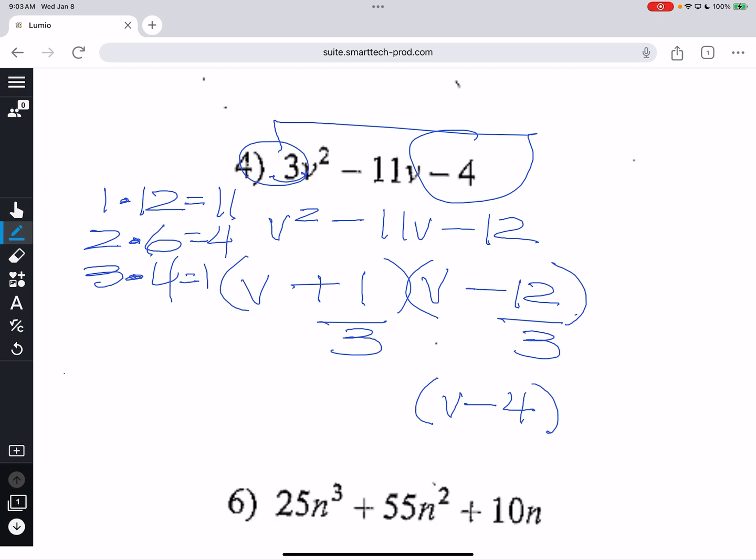But we can't make it a whole number. Here's where bottoms up comes in. You take the 3, the bottom, and throw it up as the lead coefficient in the binomial. And we have 3v plus 1.